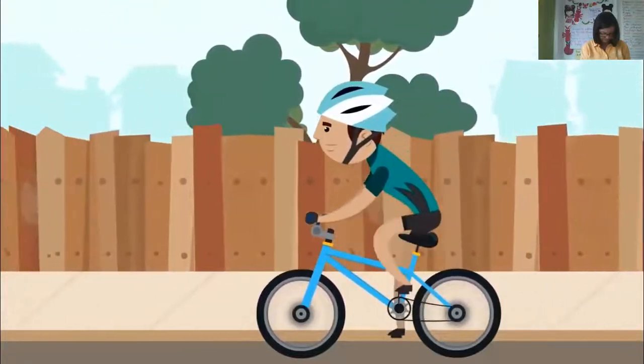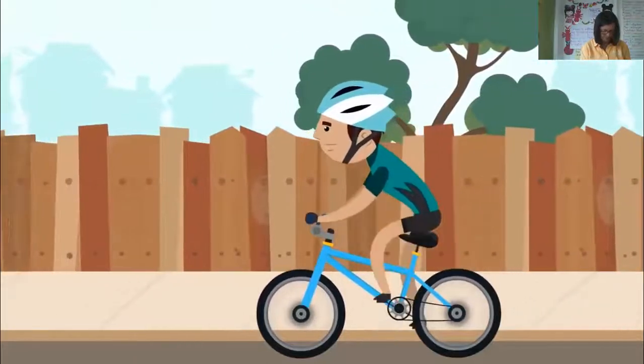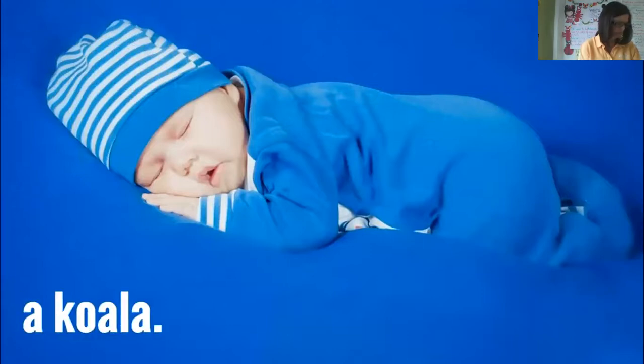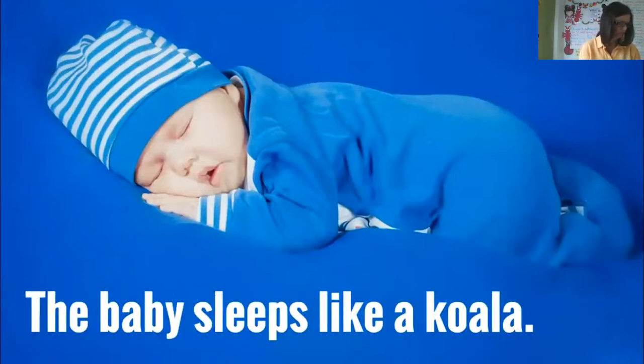We compare things all of the time. Look at this comparison. The baby sleeps like a koala. In this sentence, we are comparing the baby to a koala. What's the comparison? That the baby sleeps like a koala. This is a comparison.